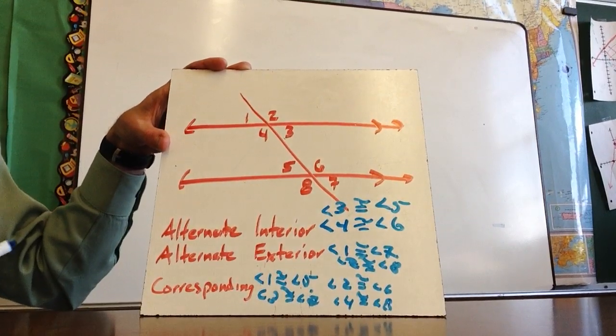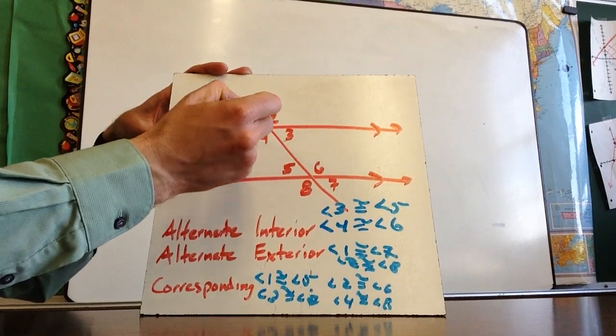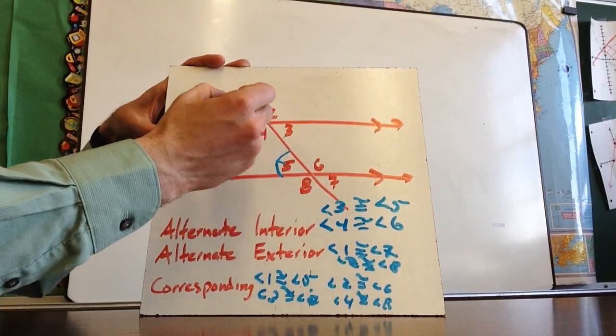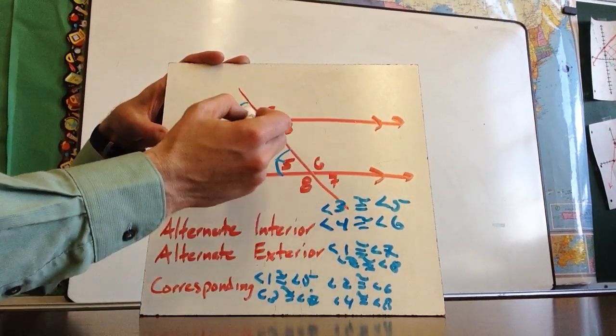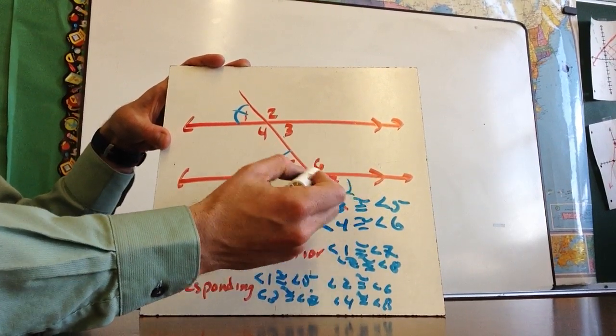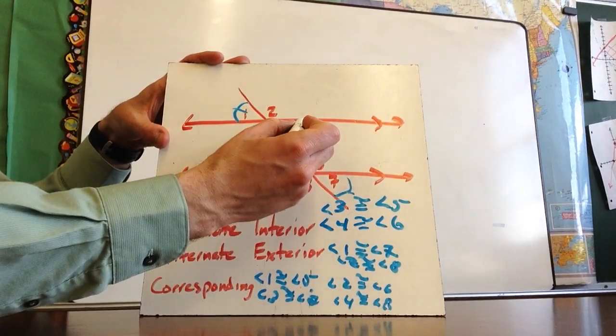The reason you would want to know this is because it helps us figure out that these two angles are congruent, which means 1 and 7 are actually alternate exterior angles, 5 and 7 are actually vertical angles, and 3 and 7 are corresponding.